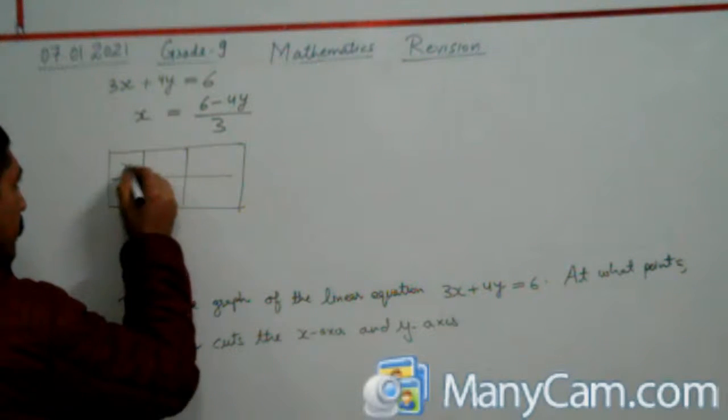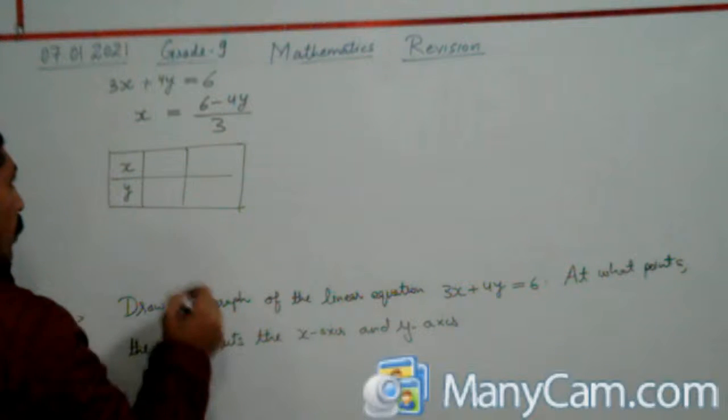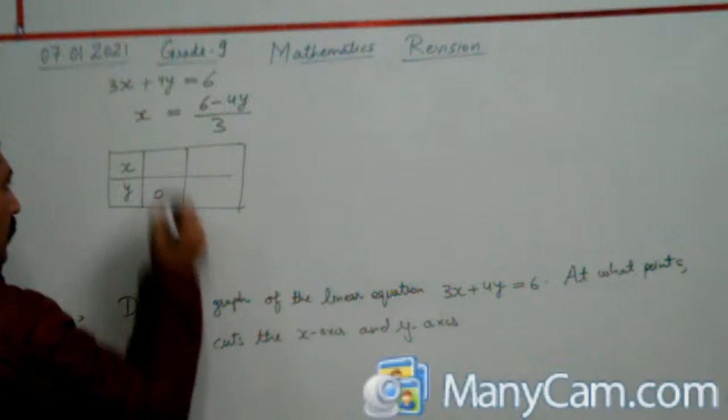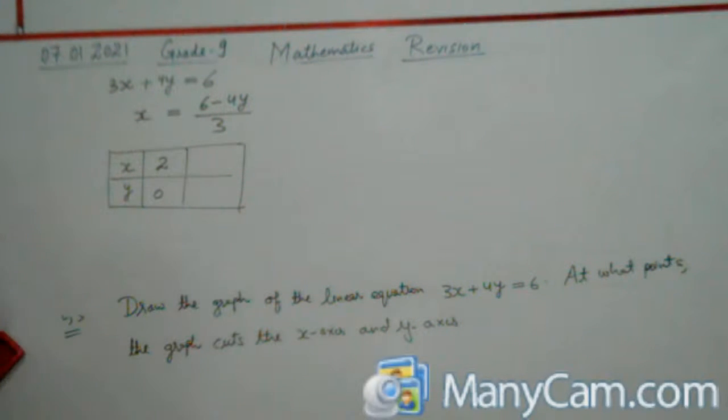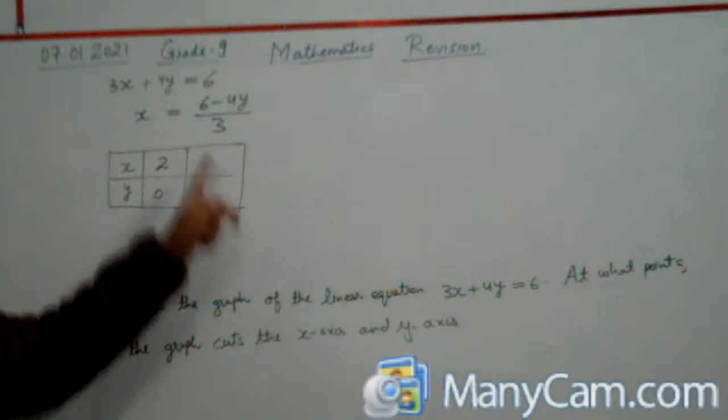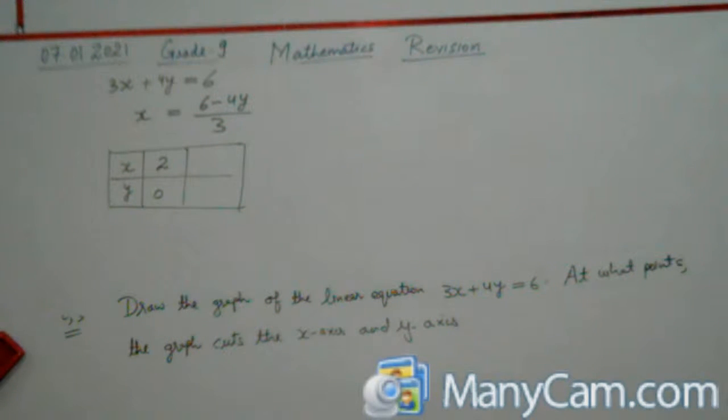So here if y is 0, x is 2. If y is 0, x is 2 here. So take one more solution.